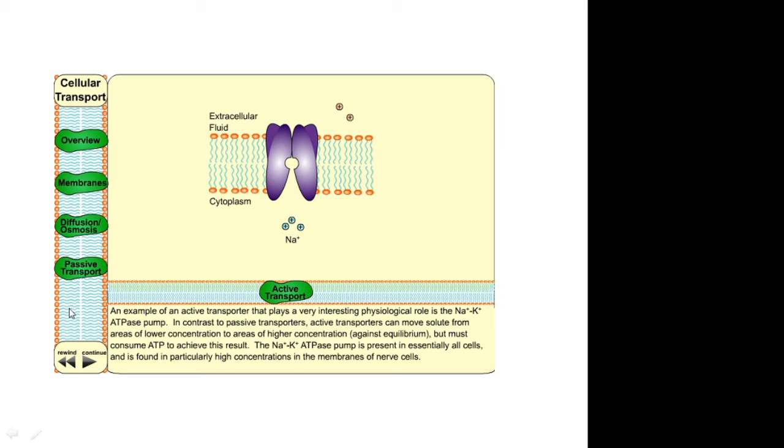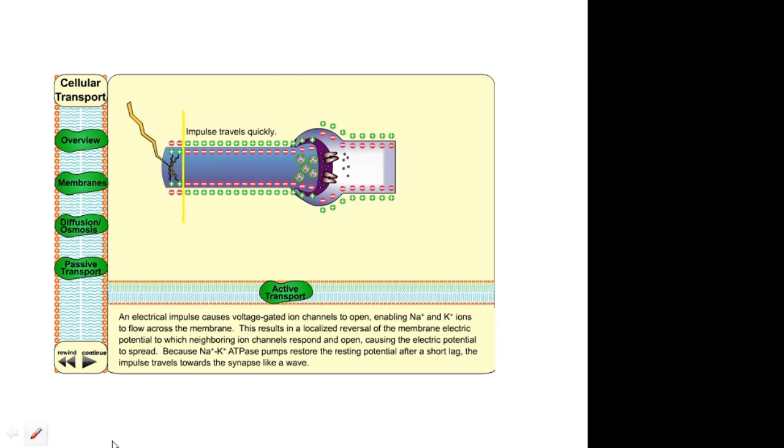Through the active transport of ions, the sodium potassium ATPase pump maintains an ionic concentration difference, that is, an electrical potential across the membrane. This resting potential allows the propagation of electrical impulses along nerve cells and across the synaptic cleft between nerve cells. An electrical impulse causes voltage-gated ion channels to open, enabling sodium and potassium ions to flow across the membrane.